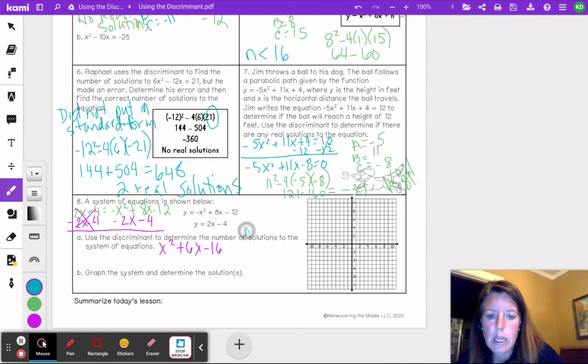So A equals 1, B equals 6, and C equals negative 16. So this would be 6 squared minus 4 times 1 times negative 16.